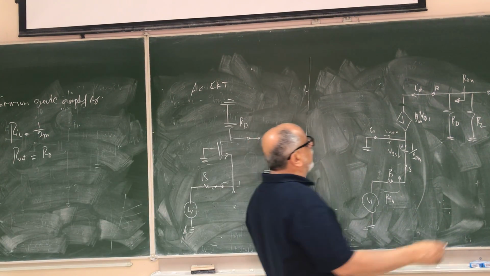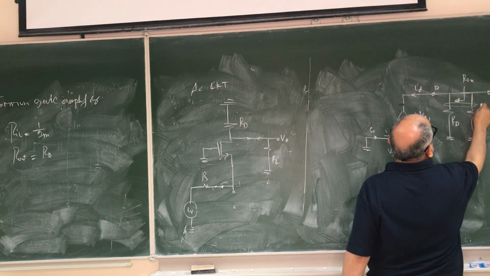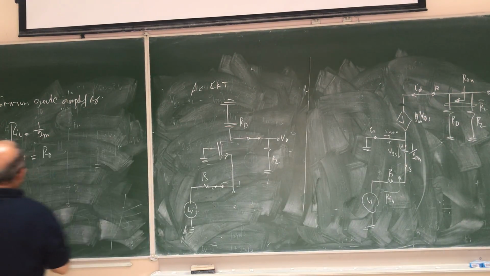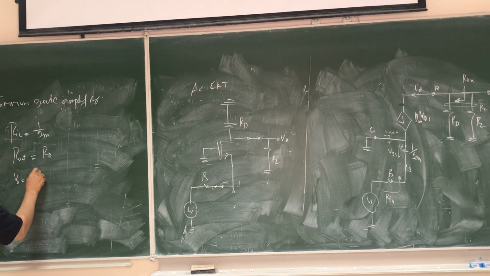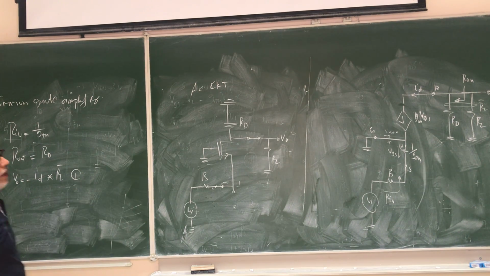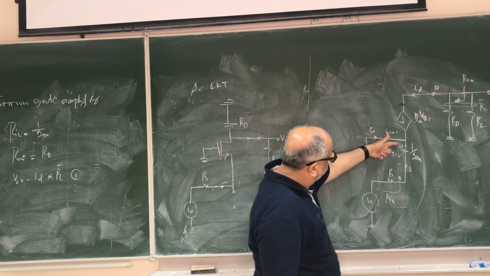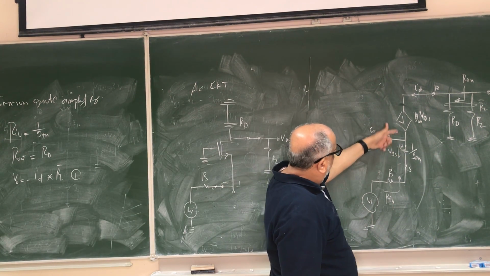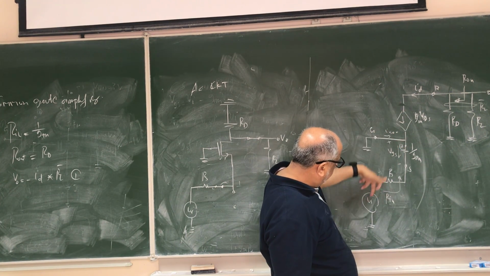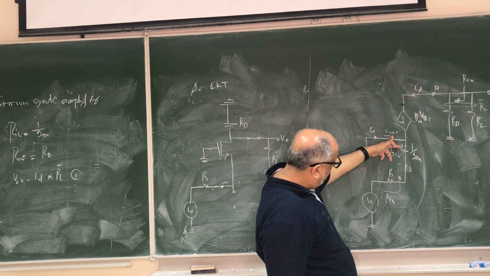Now to find the gain, I will combine these two, call them RL dash. So we can say V out equal to minus ID times RL dash. That's equation 1. Now ID is this current, so I don't need to use Gm VGS. I can, but since I have ID here, I can find the relation between VI and ID very easily.